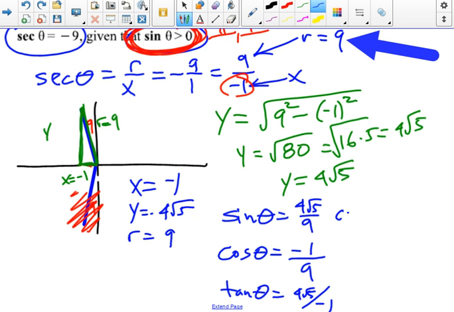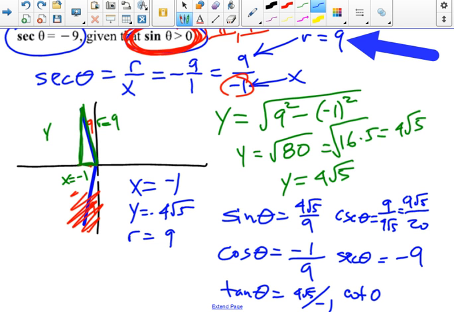The cosecant of our angle is going to be 9 over 4 square root of 5, but I have to rationalize that. So that's going to be 9 square root of 5 over 5 times 4, which is 20. The secant is negative 9, but we already knew that because they gave it to us.